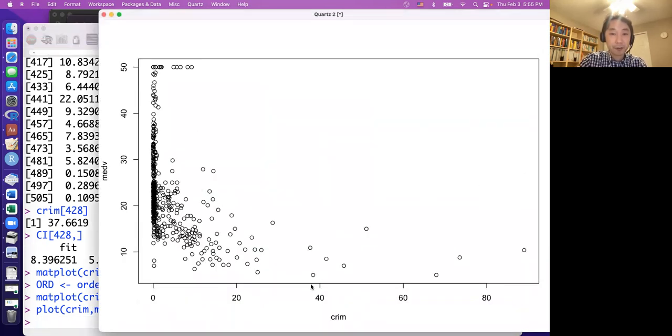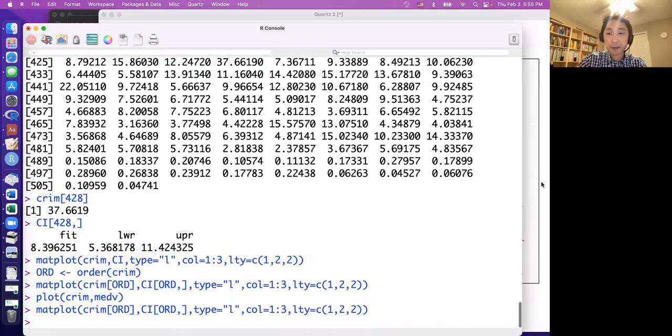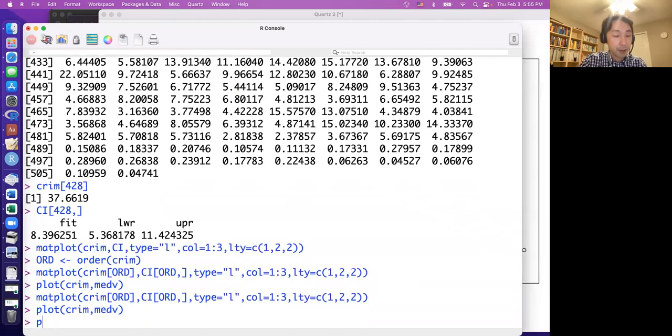Then after that, we have to put the lines. But if we just put this, we just get a new graph, so it does not work. So probably we can set the parameter new equal to true, so it overwrites the graph.